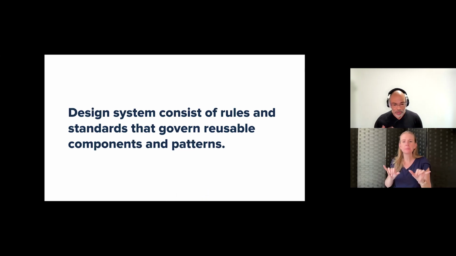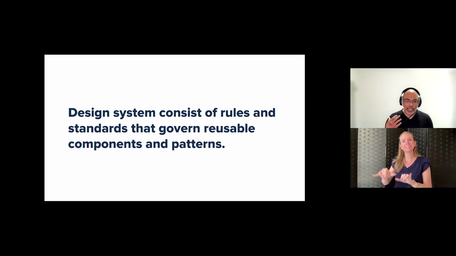For anyone who doesn't know, if you do not use one in your office or in your day-to-day and working on your projects, design systems basically consist of a set of rules and standards that govern the way that your components and your patterns are set up.